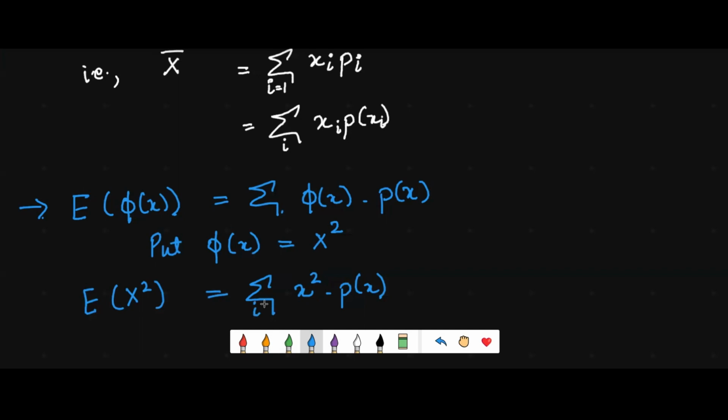Now, this is when we are talking about the discrete random variable. Now, what will happen when we are talking about the continuous random variable?